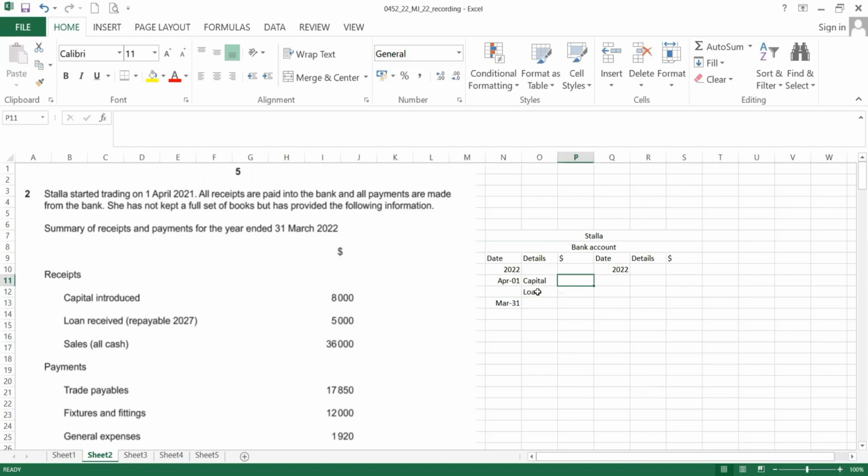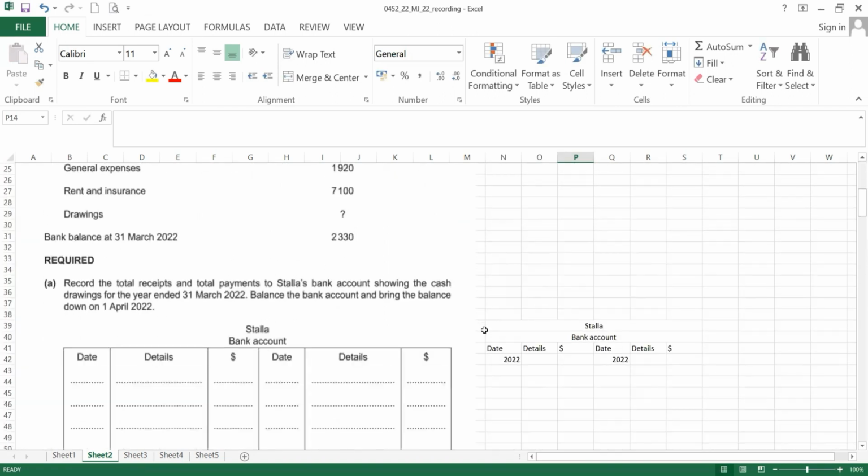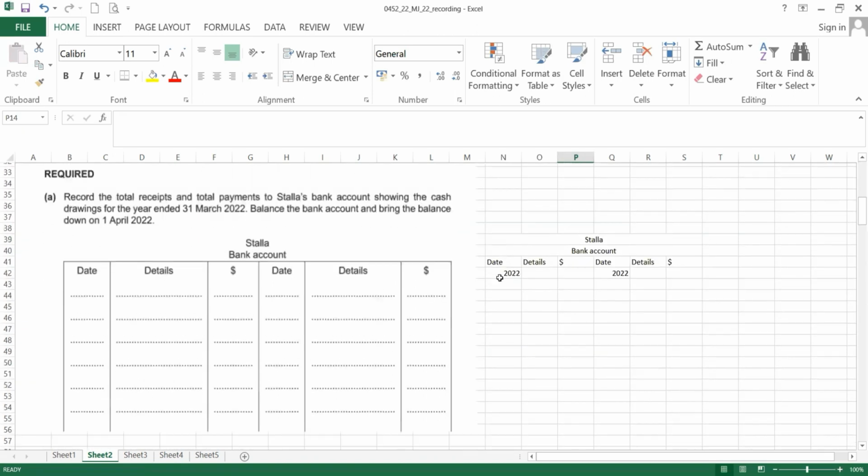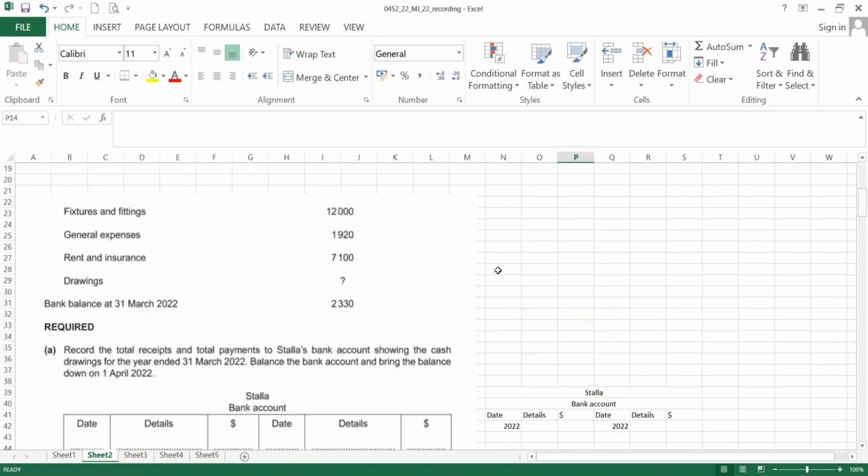So the amounts are 8,000, 5,000, and this one is sales. All sales are banked in, that means in the bank account. So this is a total. And then they say to record the total receipt and total payment.